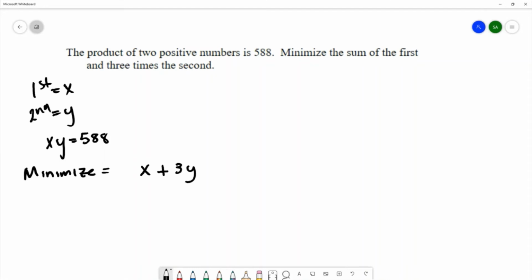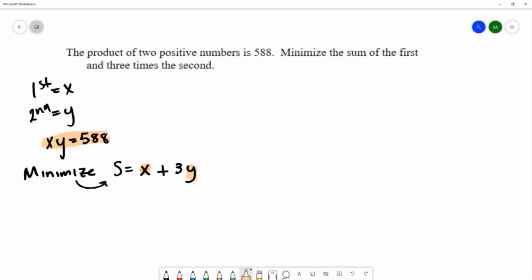We want to minimize this expression, but right now there are too many variables. I'm going to call this the sum, and we're trying to minimize this sum. So we're going to use our secondary equation, x times y equals 588, to reduce the number of variables.